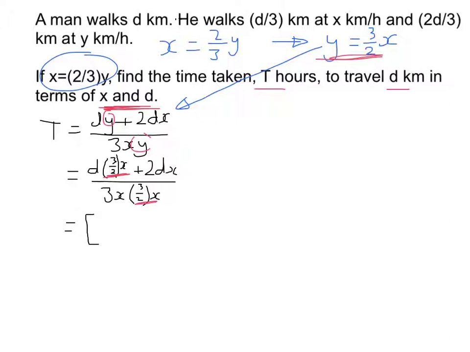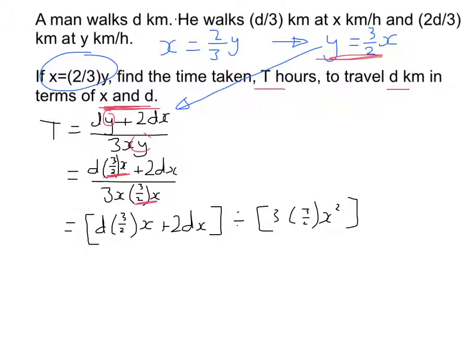So here we've got d times 3 over 2x plus 2dx, divided by 3 over 2x squared. Where the x squared has come from is we had an x here multiplied by another x here, and they become the x squared on the bottom.